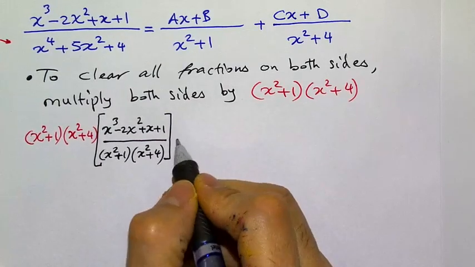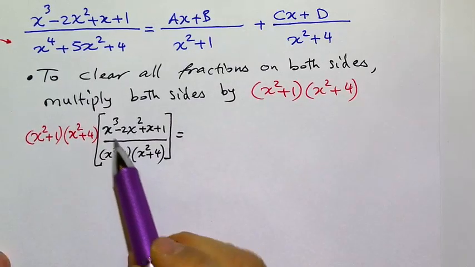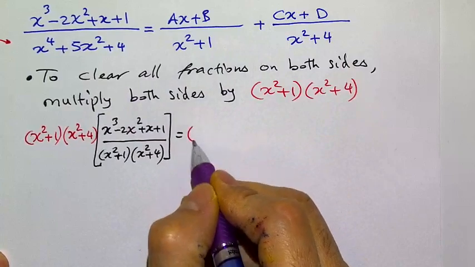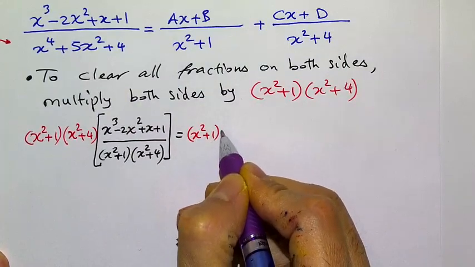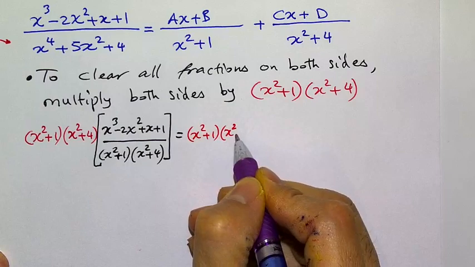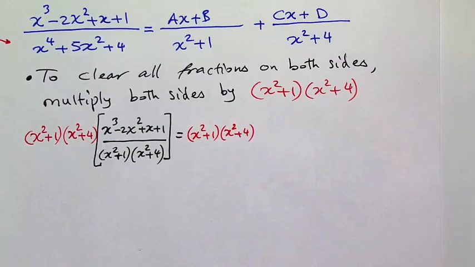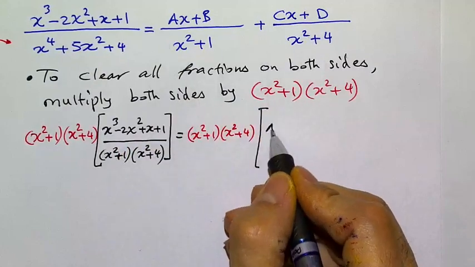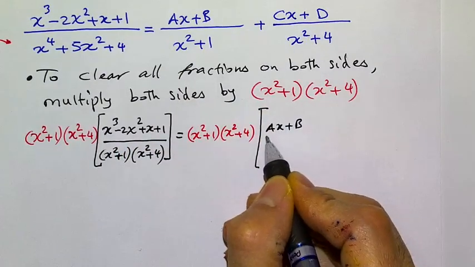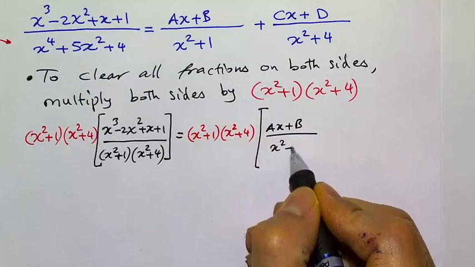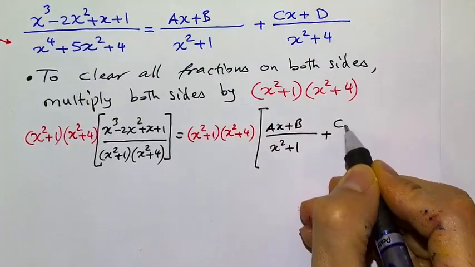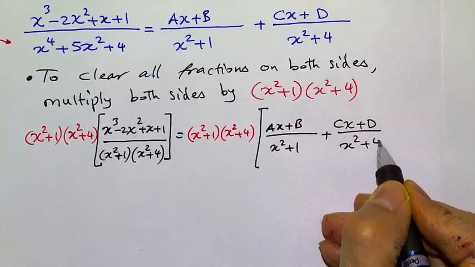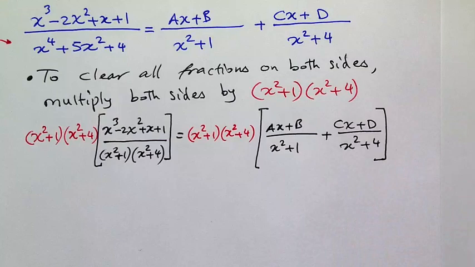All right, that's nice. So equals the same factors multiplied by all of the right side. Remember, we can't do something to one side of the equation and not do the same thing to the other side, right? So let's do that. Multiplied by all of that. So ax plus b divided by x squared plus 1 plus cx plus d divided by x squared plus 4, like that.